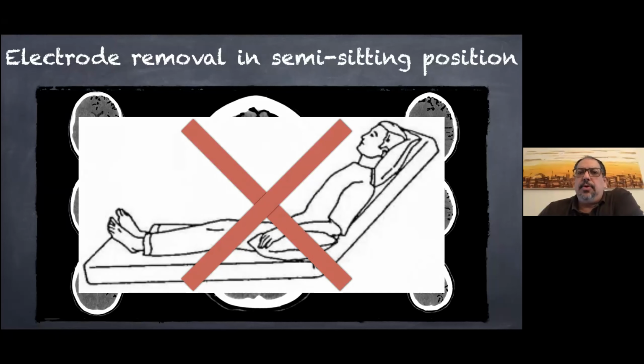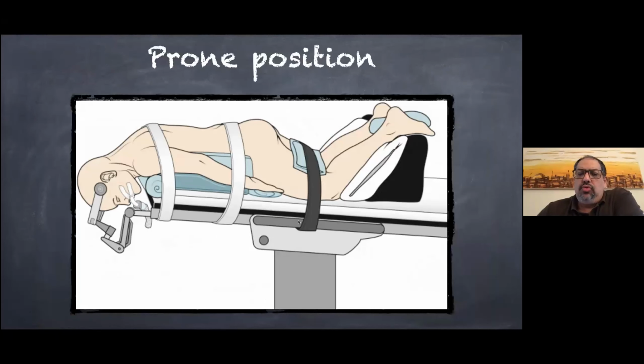I take the opportunity to give some other tips. I suggest to absolutely avoid the prone position during the implantation. I heard about some hematomas in some centers that to me are related to the use of prone position.